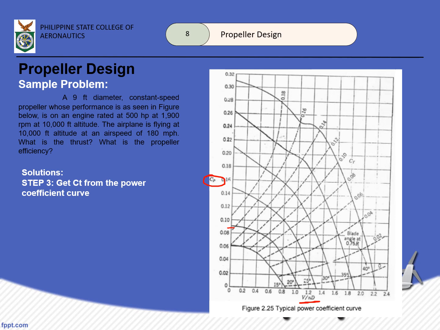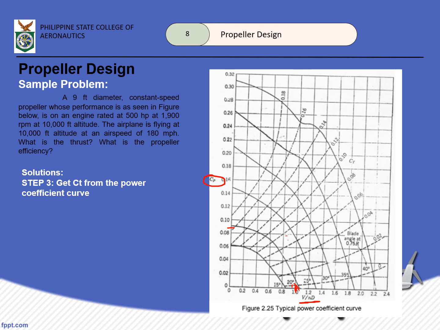If we try to project it, I forgot to mark the advance ratio. It is somewhere near here, just before it reaches 1, because it is 0.93. If we project it out, it would be better if we had CAD. It would fall somewhere in this region.